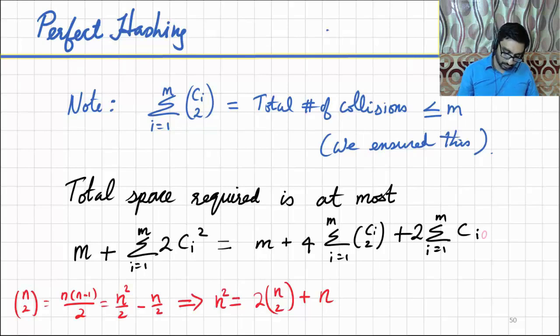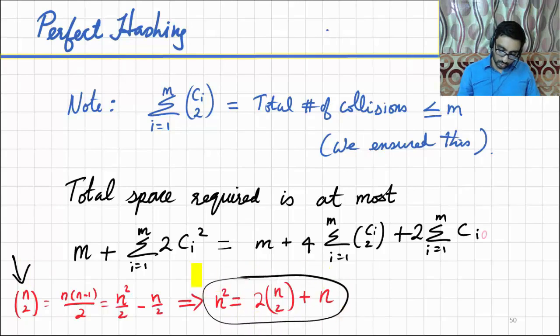Recall that n choose 2 can be written as n times n minus 1 by 2, of course, and that's equal to n squared by 2 minus n by 2. So this means that n squared can be written as 2 times n choose 2 plus n, which is what we're going to do here. So this ci squared, we're going to write it as 2 ci choose 2 plus ci, and remember that's why we have a 4 here, plus 2 times the summation of ci.